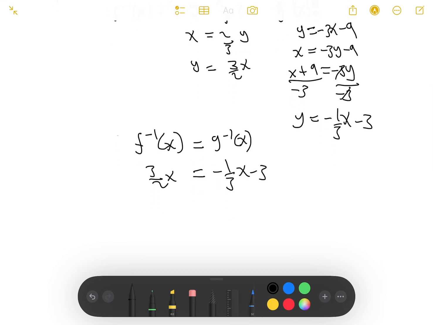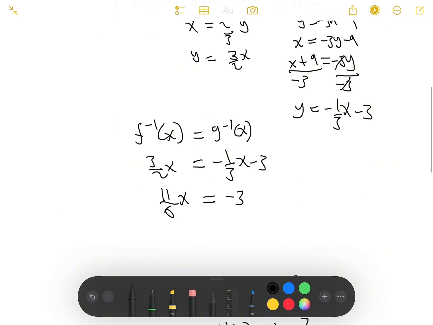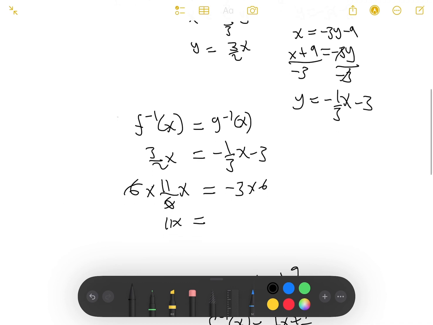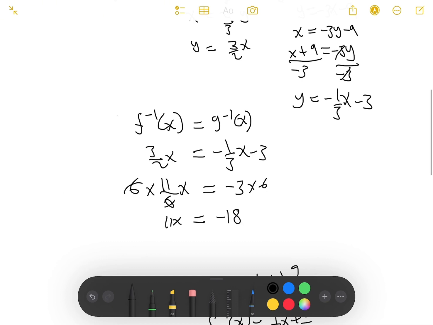And then from these, 3 over 2 plus 1 over 3, this is 11 over 6x, which is equals to negative 3, okay? And then let's just multiply both sides by 6. Therefore, we get that 11x is equals to negative 18.